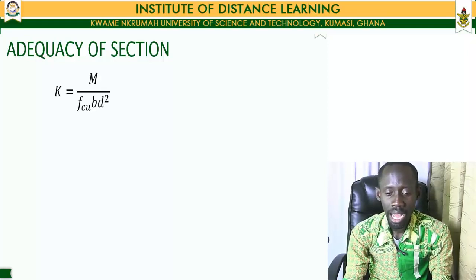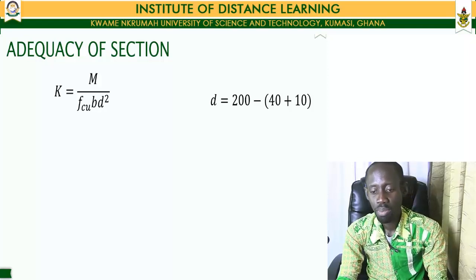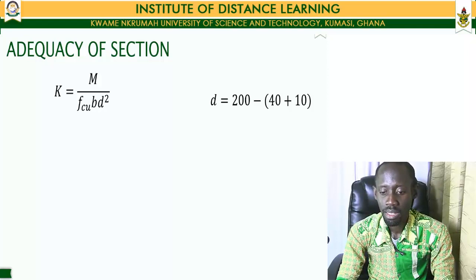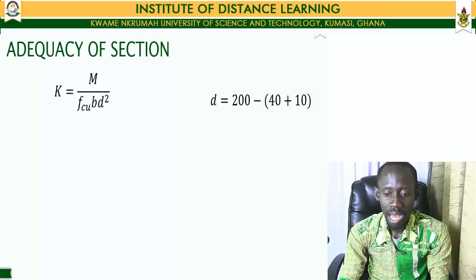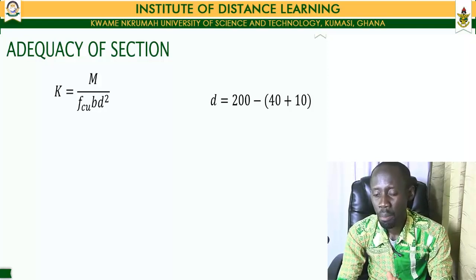Now, from our initial dimensioning, we had a total pad depth of 200 millimeters. From this total pad depth of 200 millimeters, you're now supposed to estimate our effective depth from the other elements that we designed before, being the slab and the beam. We realize that our effective depth is equal to our overall depth minus our cover to reinforcement minus half our bar diameter.